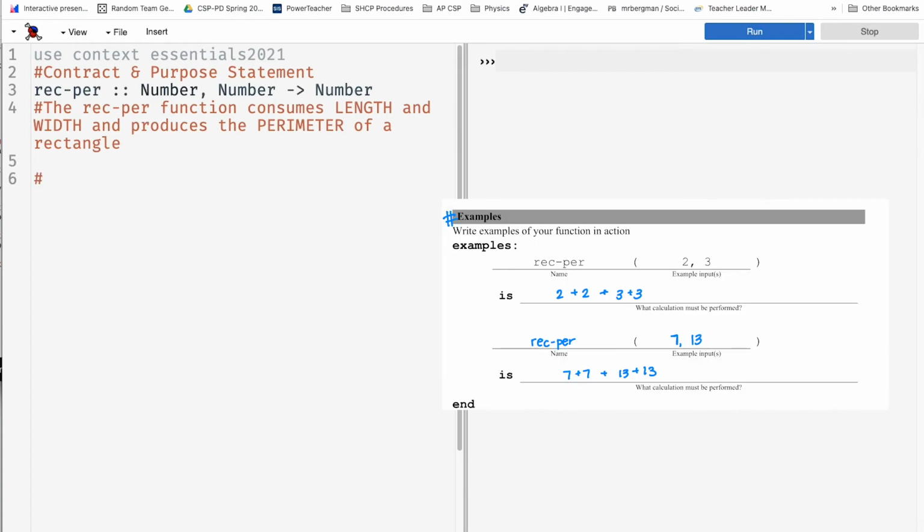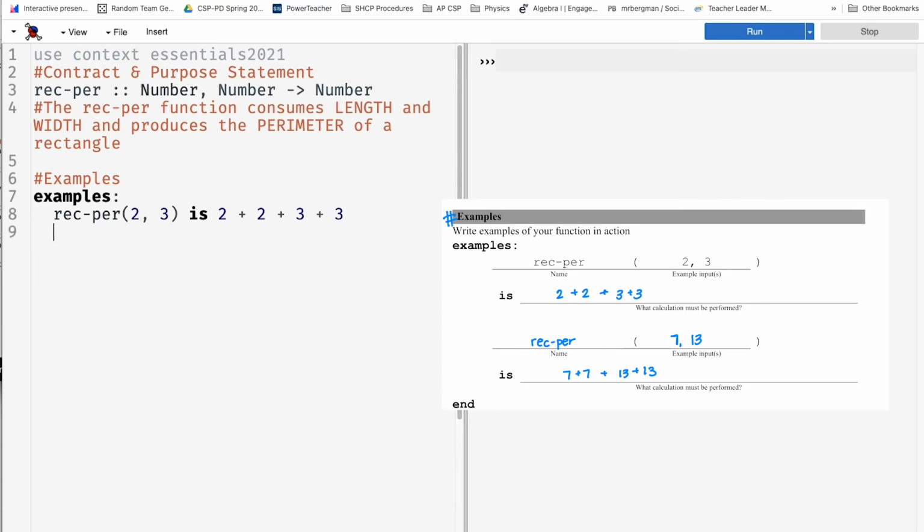All right, and so now the examples that we're going to write. The example section needs an example title. Okay, and then rec per, no space, 2, 3 is 2 plus 2 plus 3 plus 3.